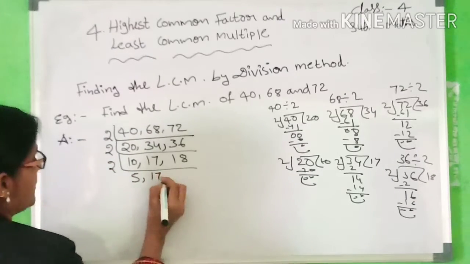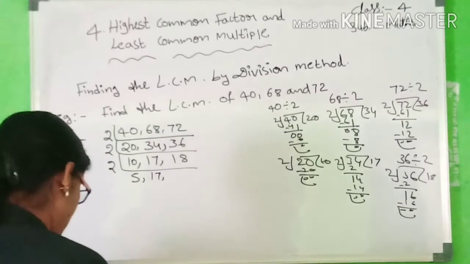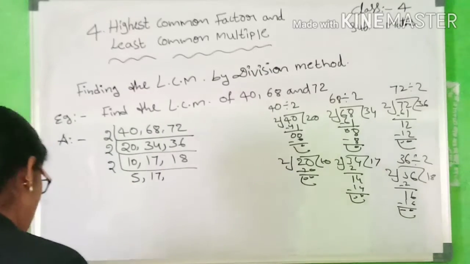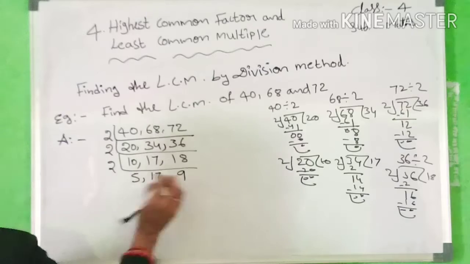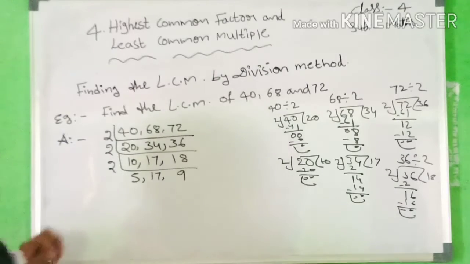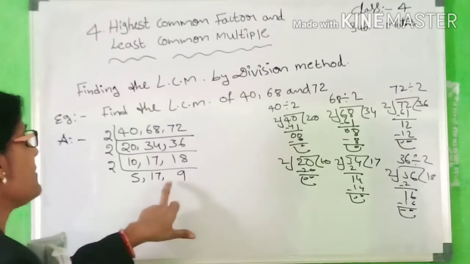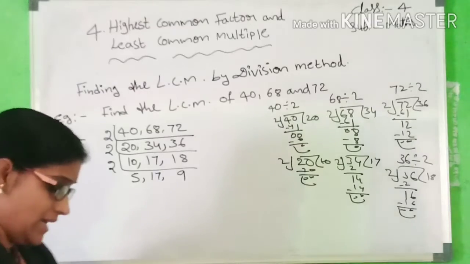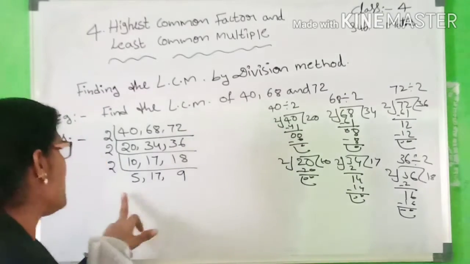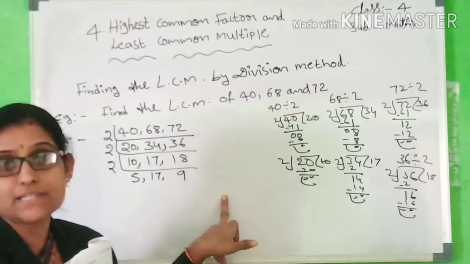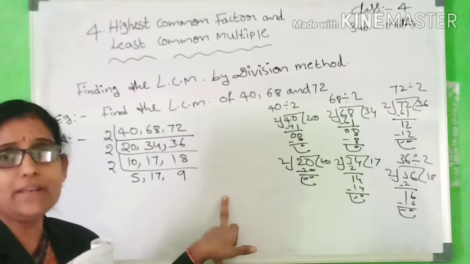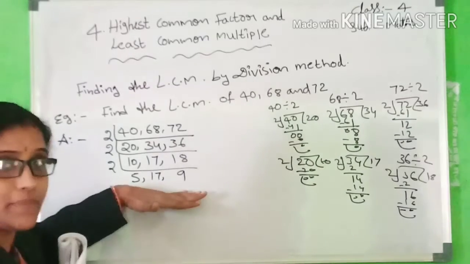You write 17 as it is, leaving 17. 2 9s are 18. Now here 5, 17, 9 do not have a common factor. That's why we stop dividing.